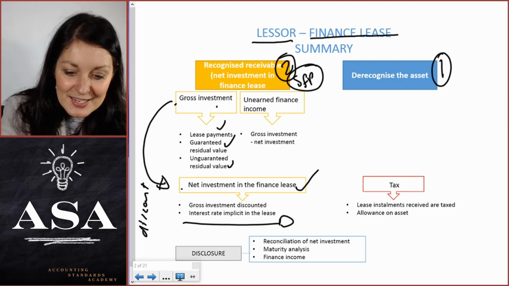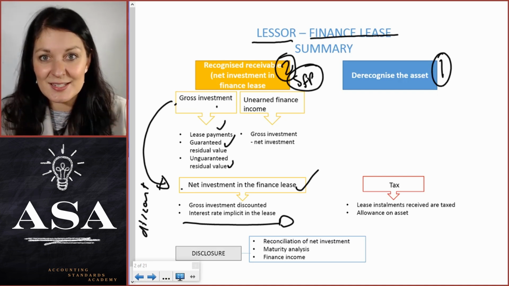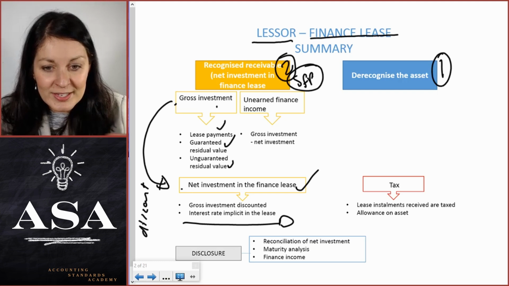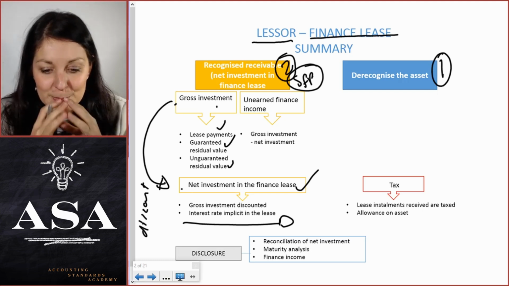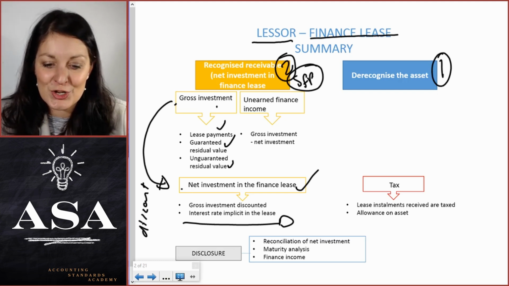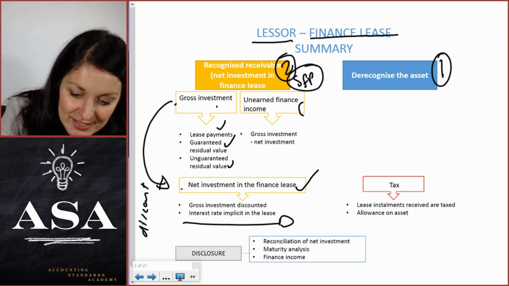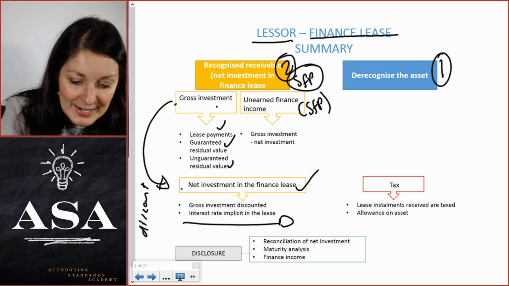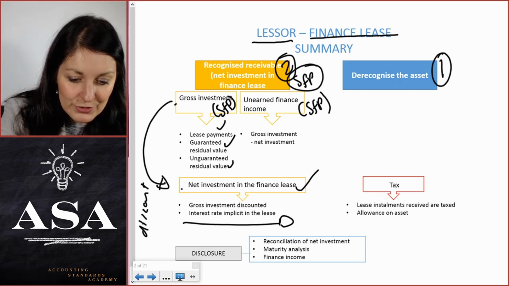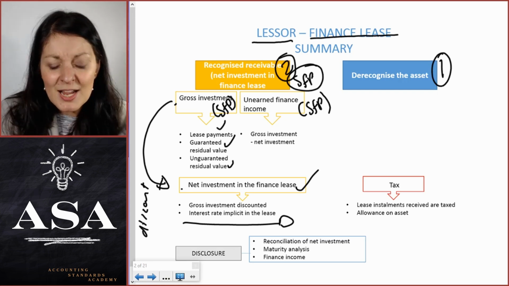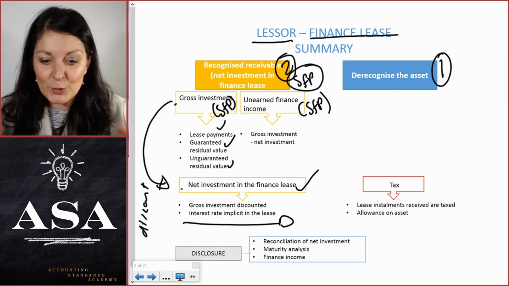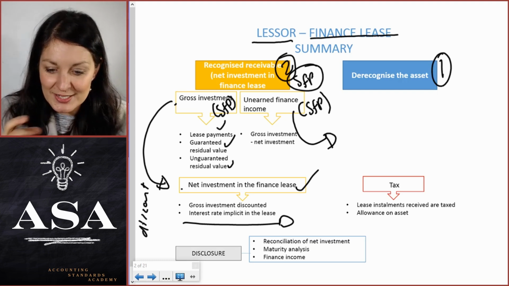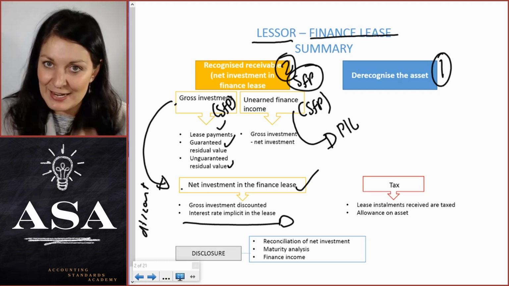So this is the amount or the interest that we will recognize over the lease term. So it's all the accumulated interest that we've pulled into this account, unearned finance income. So this is also an account in the statement of financial position, as is the gross investment. So over the lease term, what will happen here is that we will release the interest to the profit and loss every year.